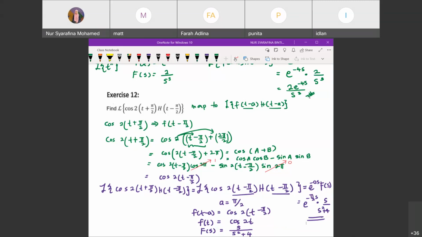Then by the second shifting property, when the unit step function is multiplied by another function of f t minus a, it equals exponent negative a s f s. Up to now we still focus on unit step function, so this property is applied to unit step function. Clear or not? Up to this point, anyone has question?